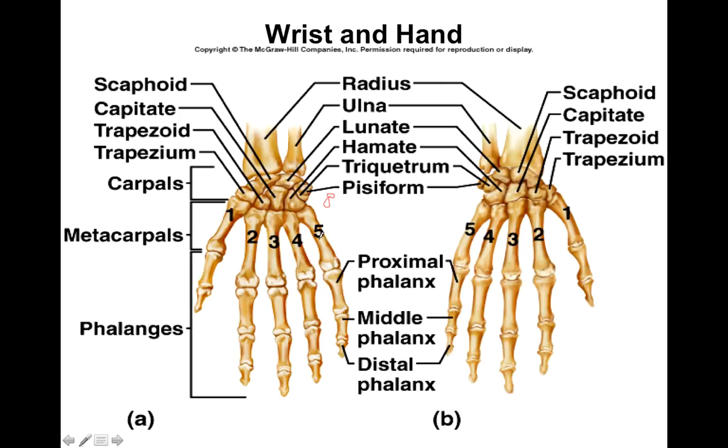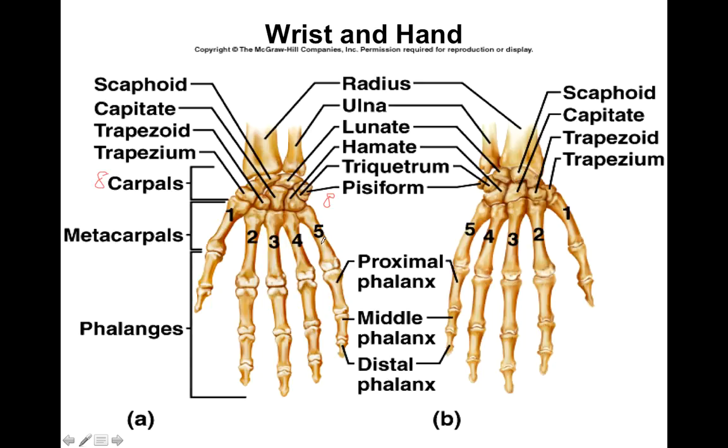If you're going to go into occupational therapy or physical therapy or something like that, you should probably spend some time memorizing these, but for this class, you don't really have to know the specific names. Just know that there are 8 carpal bones in each wrist.